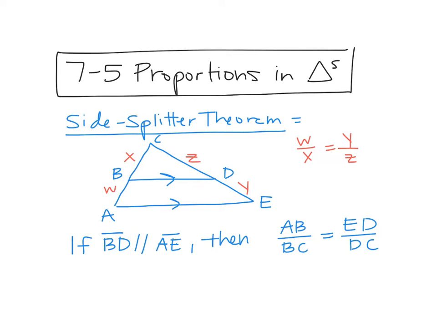So before, we always said you have to add the two sides together and add the two sides together. Well, now because we have this parallel line, you don't need to call it W plus X over X. You can just say W over X, okay? Because we have that parallel line. That's called the Side-Splitter Theorem. It's splitting the sides proportionally, okay? Questions on that?